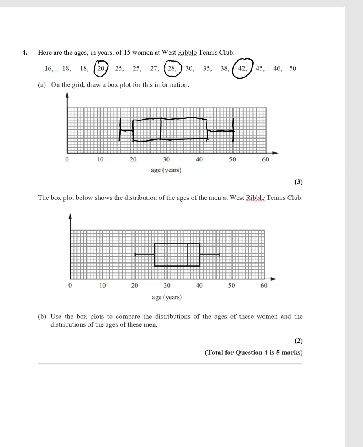Now, use the box plots to compare the distribution of the ages of these women and the distribution of the ages of the men. Right, okay, so on average, so the median, actually the women are younger with a lower median. Median average.